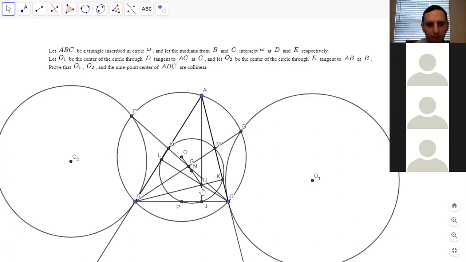I think that seems like a good way to do it. Maybe we could use some medians or something, because let's see, CE is a median. So yeah, what if we drew this median?